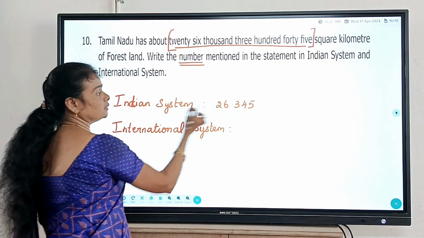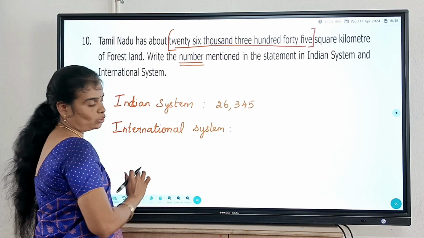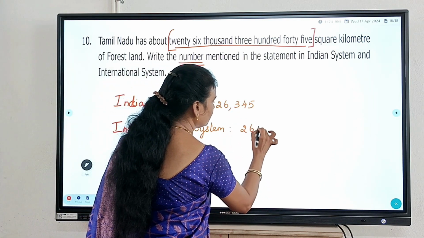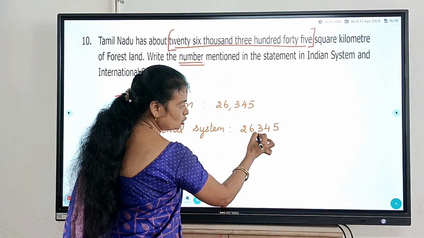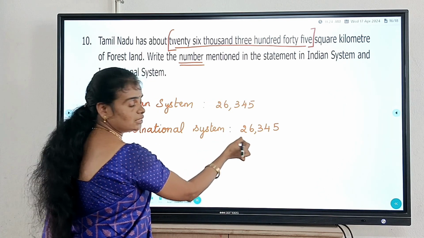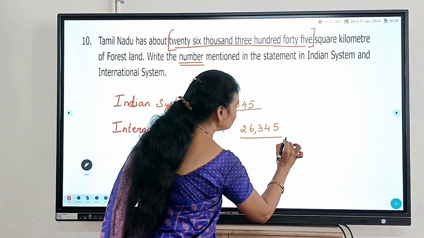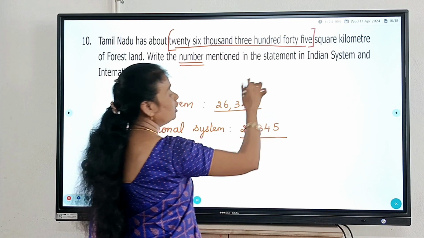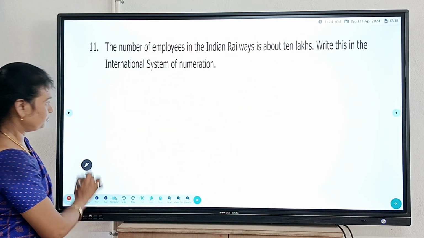In the Indian system, 1, 2, 3, comma, and only 2 digits are there, so leave it as it is. And in the international system, again the same numbers will be written. And how will you place the comma? In the same way, 1, 2, 3, comma, and here no more digits are there, so you can't leave 3 digits and put another comma. So in both the Indian system as well as in the international system, 26,345 will be written in the same manner.